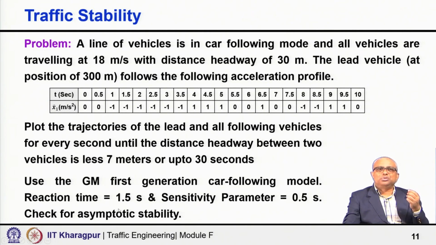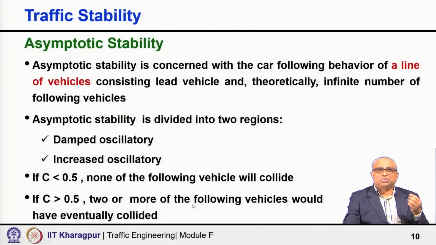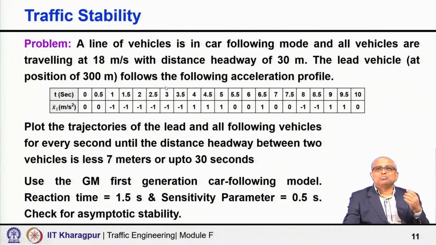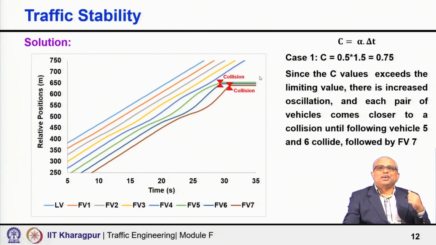And we are trying to check for asymptotic stability, because a number of vehicles are there, a line of vehicles in the car following, not one lead and one following, multiple vehicles are involved. So, as usual you know how to calculate the relative position.